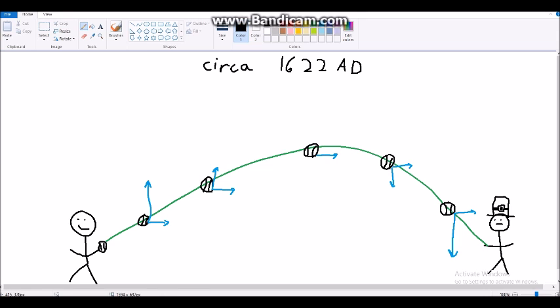So if we were to look at the vectors, we would be able to see the exact direction of the velocity of the ball as it travels through the air. So like that.